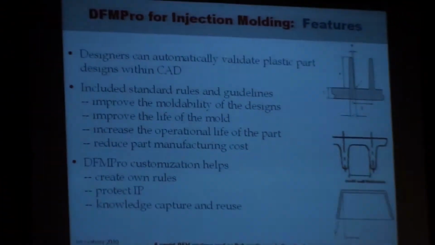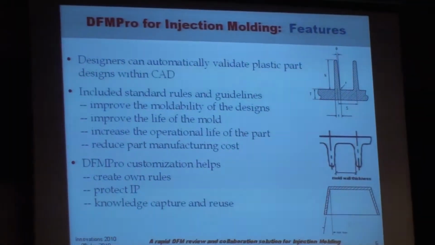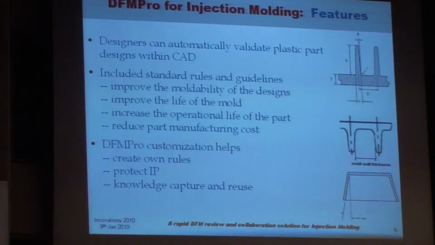Now, what DFMPro does is that as the designer is making the design, it reinterprets the design on the manufacturability aspect, and it applies those manufacturability rules, and the designer is able to correct those issues while he is designing. DFMPro also provides a framework to capture the in-house knowledge of the organization.